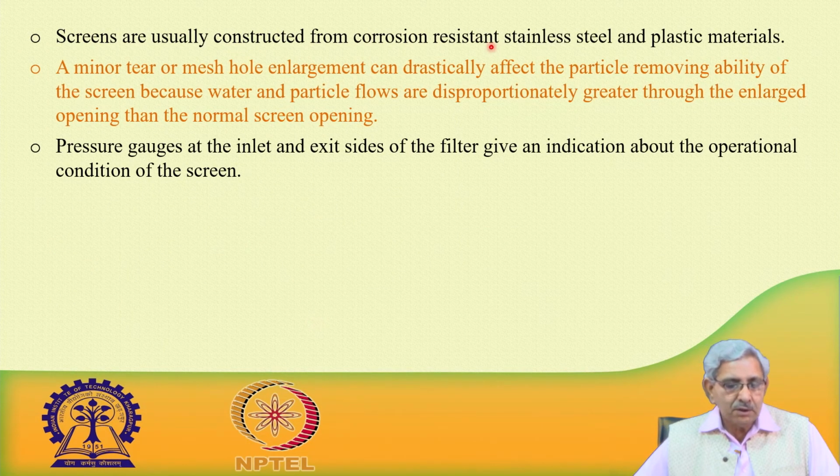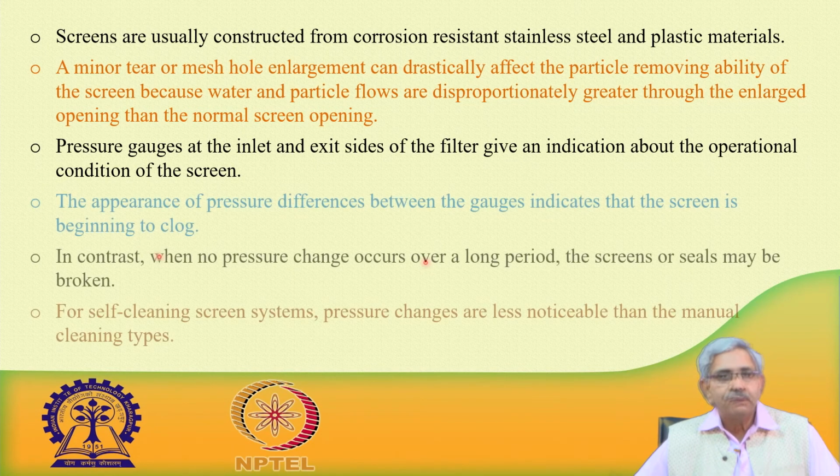These screens are made of stainless steel or some plastic material, and one needs to attach pressure gauges at the inlet end as well as the exit end to know how much pressure loss has occurred across the filter unit.